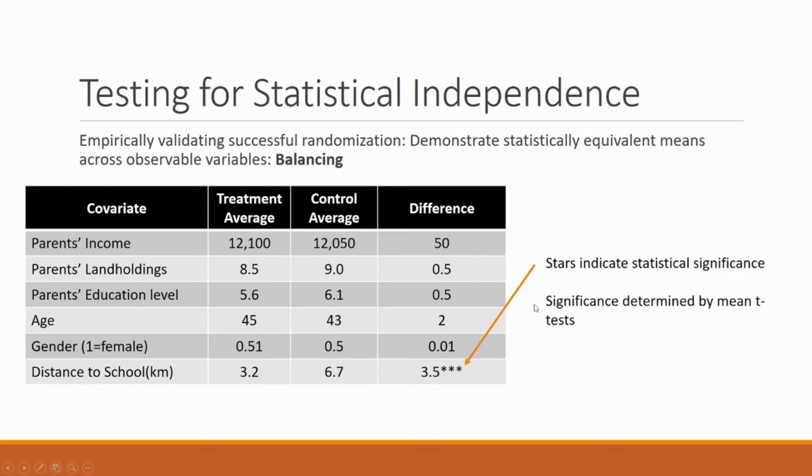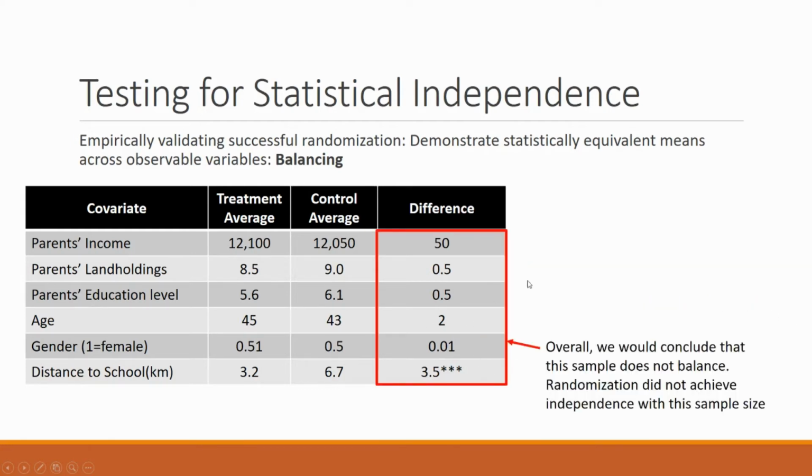Now in this case, we indicate statistical significance with stars. Three stars means it's significant at the 1% level. The significance is determined by mean t-tests. If we look at this case, we can see that 1 out of 6 variables is statistically significant at the 1% level.